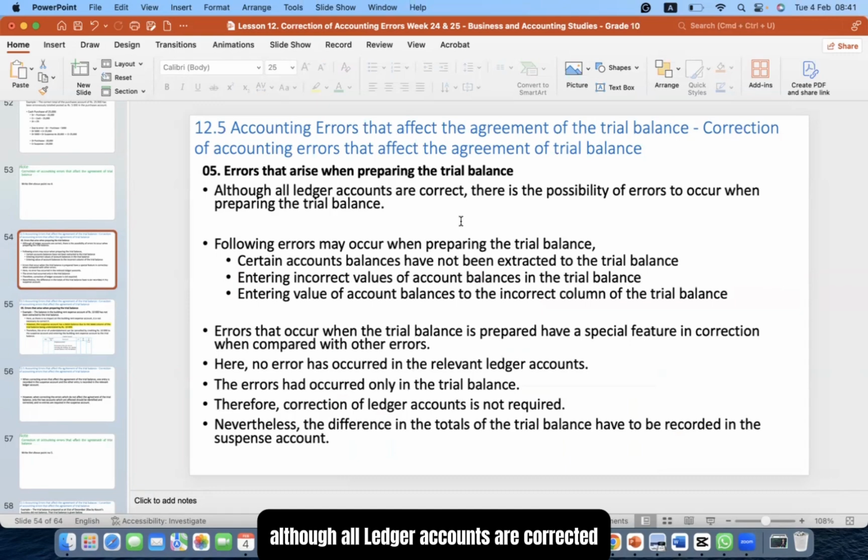Although all ledger accounts are correct, there is a possibility of errors occurring when preparing the trial balance.